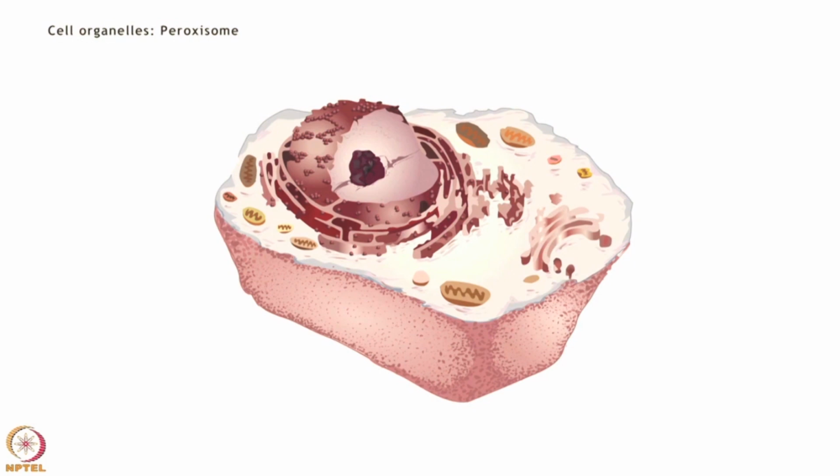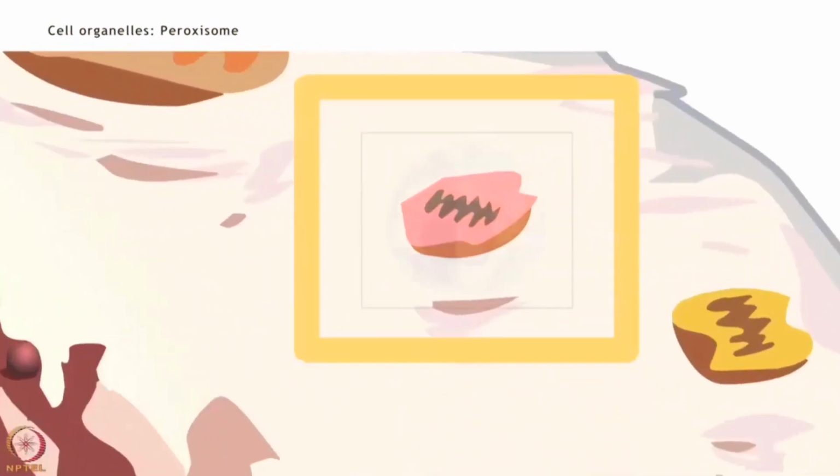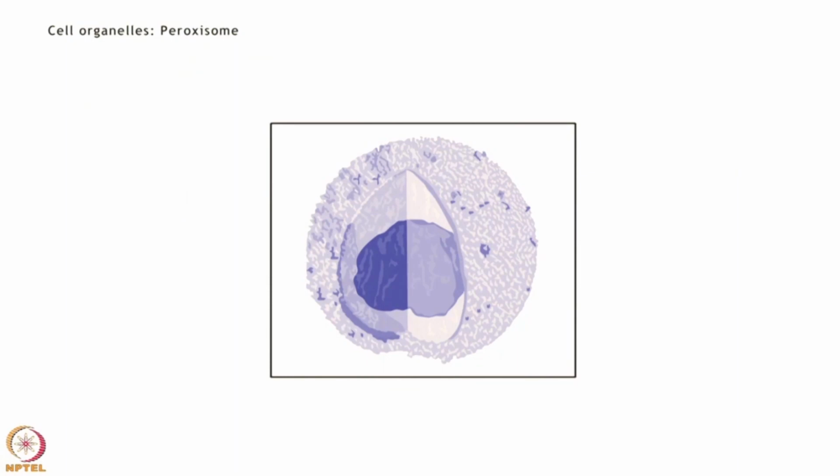A peroxisome is an organelle containing enzymes like catalase that are responsible for protecting the cell against free radicals and peroxides. They also play a role in metabolism of very long-chain fatty acids. They have a single membrane and no independent genetic system.